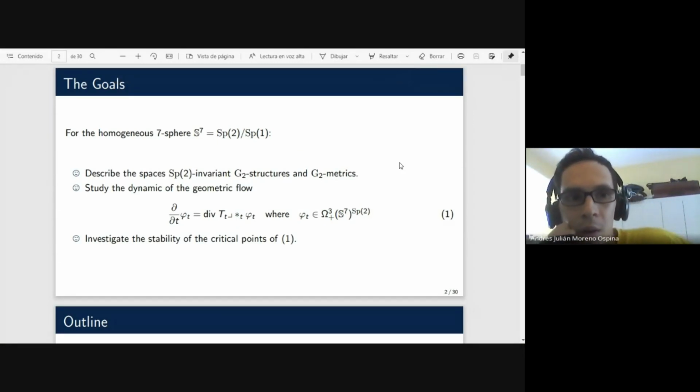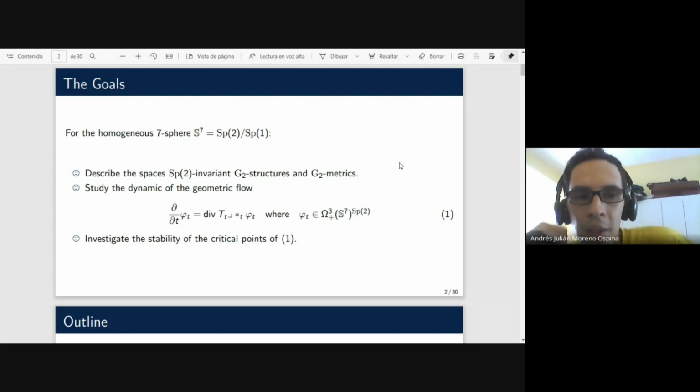The main goals of this work were to describe the Sp2 invariant G2 structures and the induced Riemannian metrics for these G2 structures on the 7-sphere, given as the quotient of the symplectic group, the compact group.